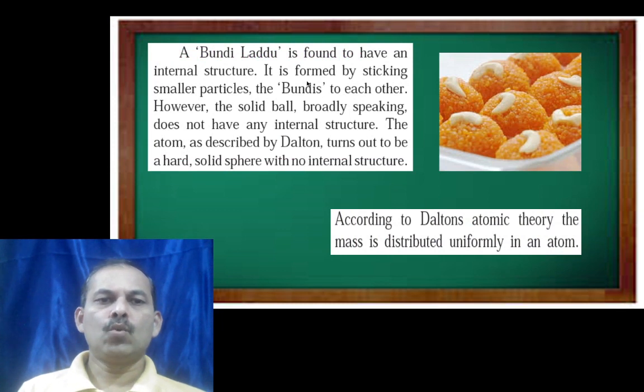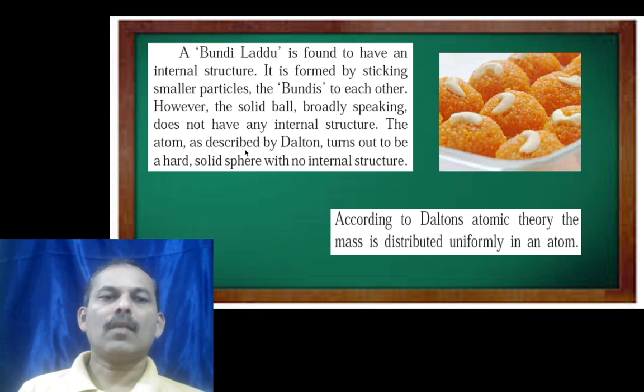A bundi laddu is found to have an internal structure. It is formed by sticking smaller particles, the bundis, to each other. However, the solid ball, broadly speaking, does not have any internal structure.